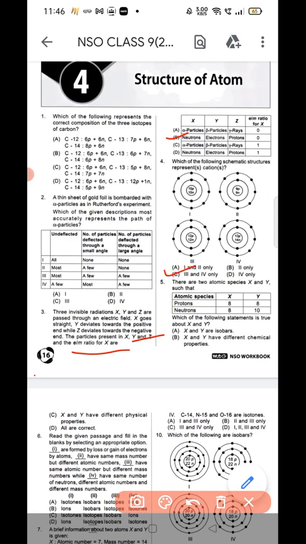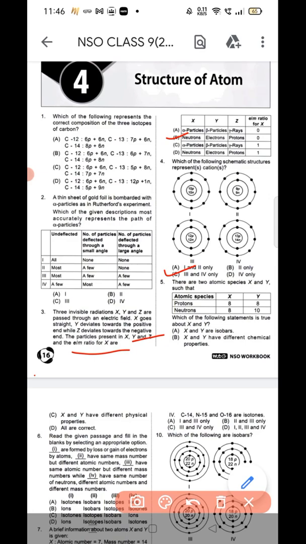Now question number 5. There are two atomic species X and Y such that X has 8 protons and 8 neutrons, and Y has 8 protons and 10 neutrons. Which of the following statements is correct about X and Y?